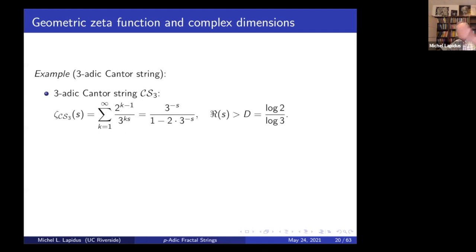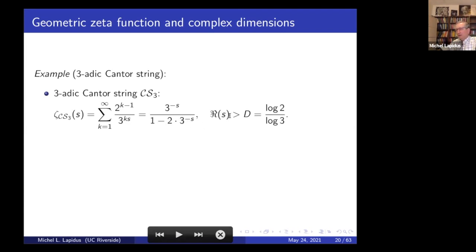Since we had 1 at the first stage of the construction, 2 at the next stage, 4 at the next stage, and so on. And their length, that is their p-adic length, triadic length, is 1 over 3 to the k at the kth stage. And you start at 1, from 1 to infinity, and after summing this geometric series, you get 3 to the minus s over 1 minus 2 times 3 to the minus s.